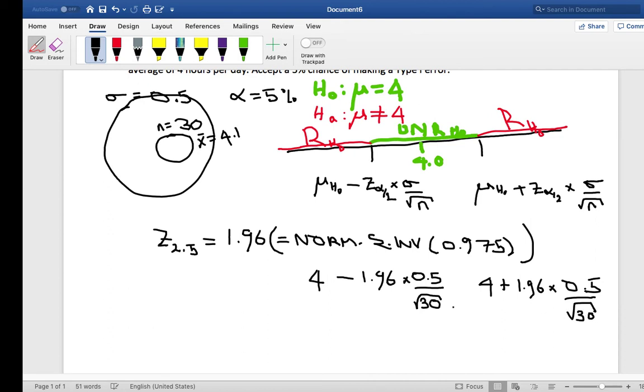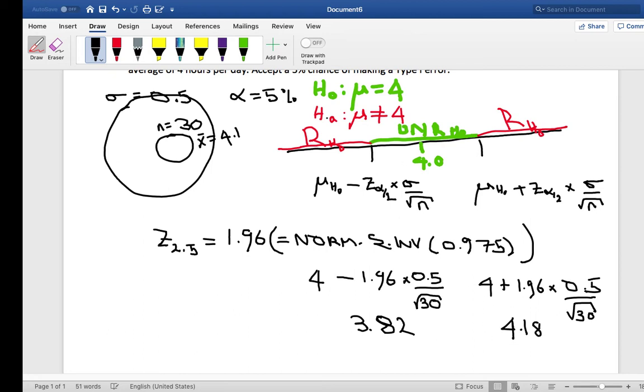And once you crunch those numbers through, you're going to get this lower critical value is 3.82, and this value here is going to come to 4.18.